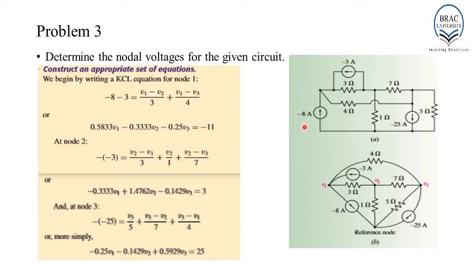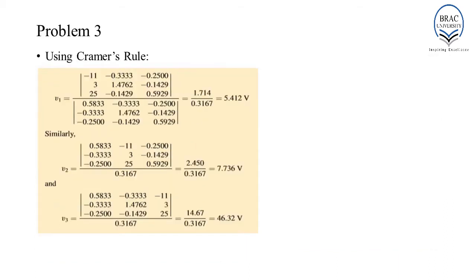Using all these conventions while writing down the linear equations after applying KCL across node 1, node 2 and node 3, these are the 3 equations that we'll get. Solving these 3 linear equations, we can easily determine the value of V1, V2 and V3.